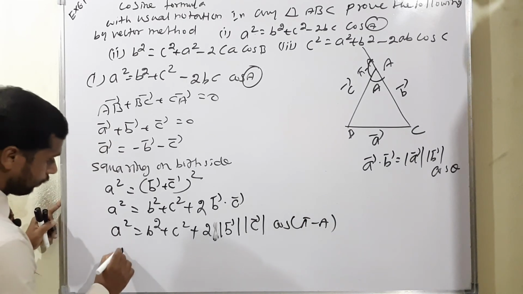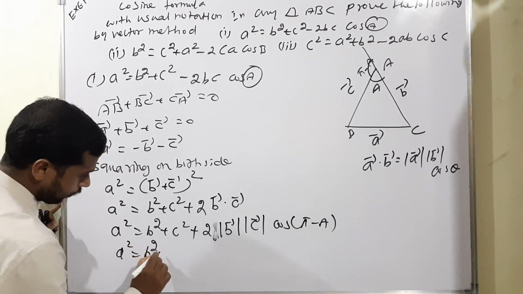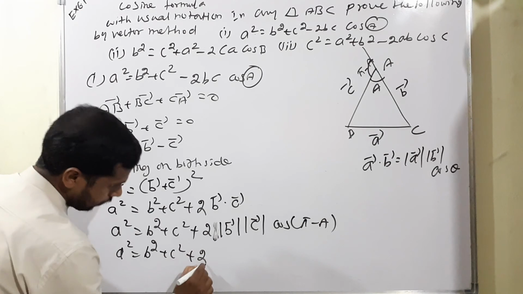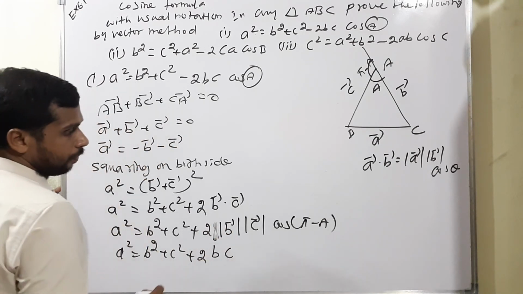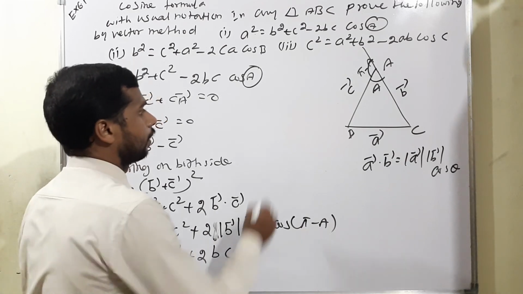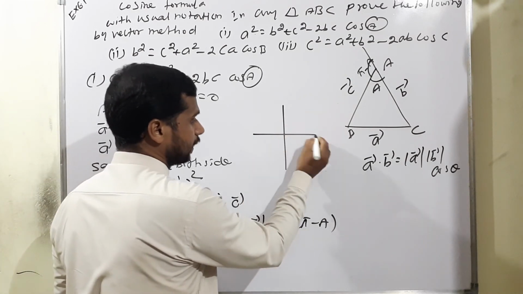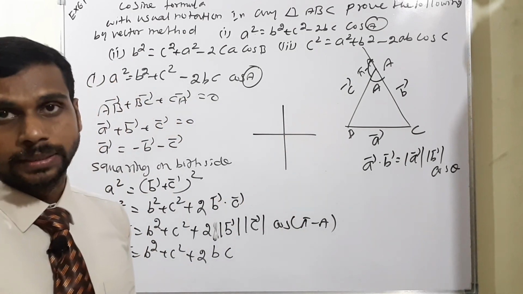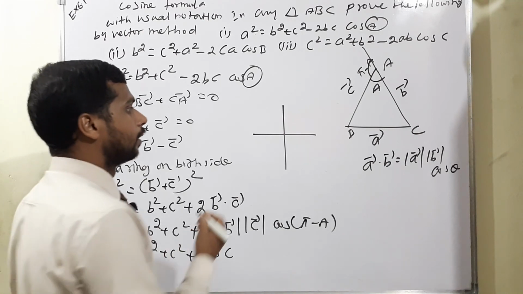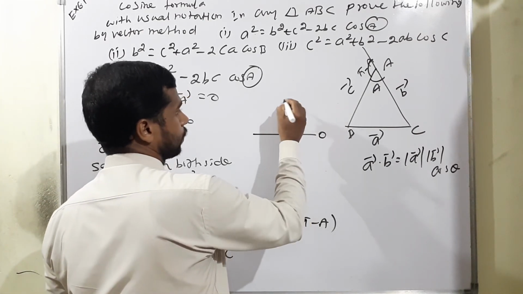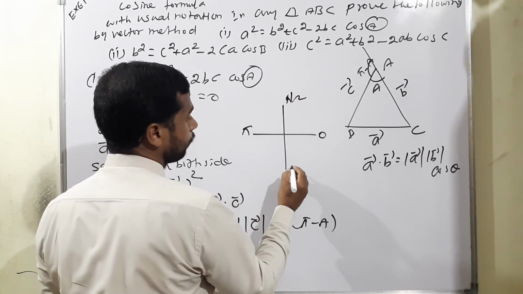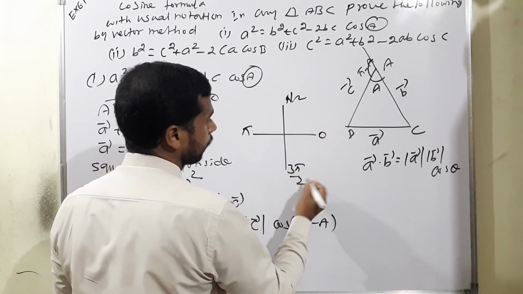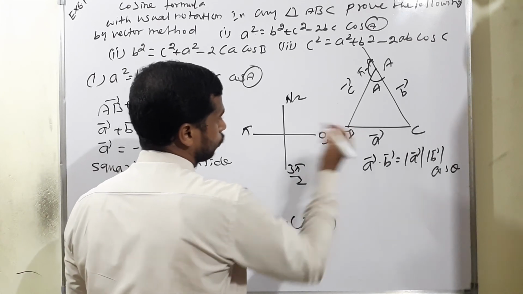Now A square is equal to B square plus C square plus 2BC cos of pi minus A. Already we have discussed in the 4th chapter, inverse trigonometric functions: 0 to first quadrant means pi by 2, second quadrant means pi, third quadrant means 3 pi by 2, fourth quadrant means 2 pi.